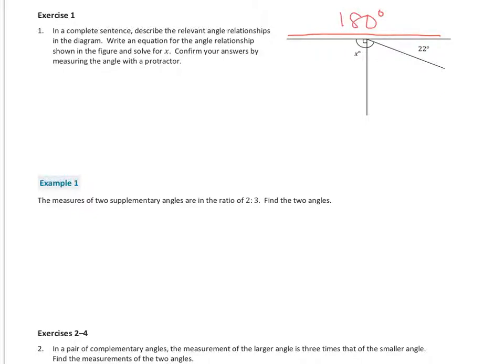So in my sentence, let's write a sentence about angle x being this big obtuse angle there, and angle here, that little acute angle being 22 degrees. So writing a sentence about that, what could I say? The sentence I wrote says the angles x degrees and 22 degrees are supplementary and have a sum of 180.